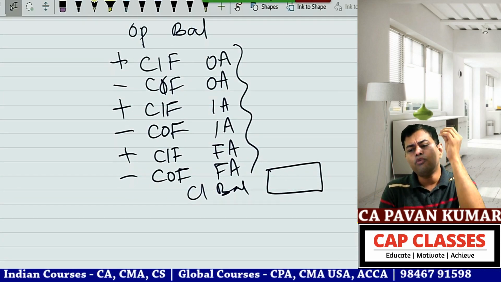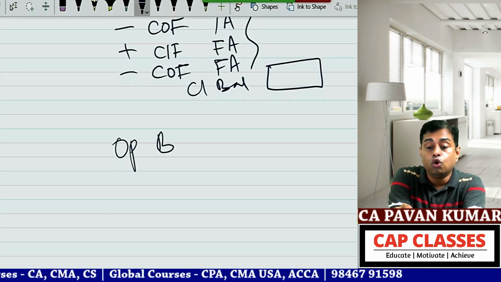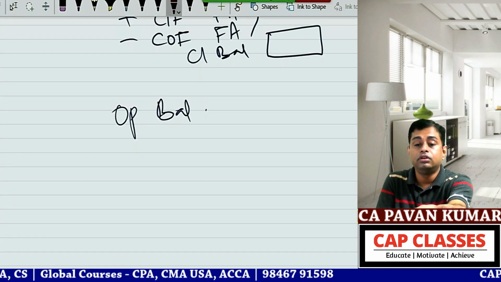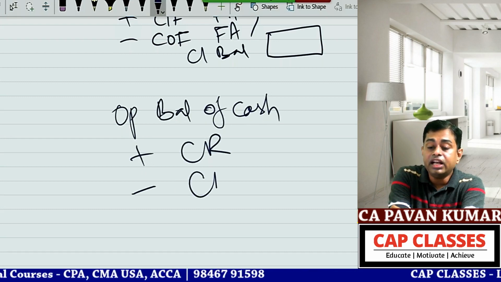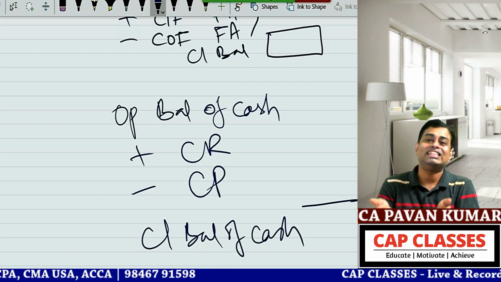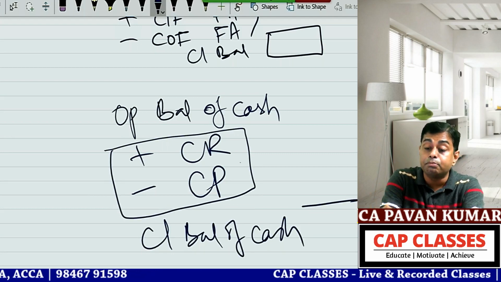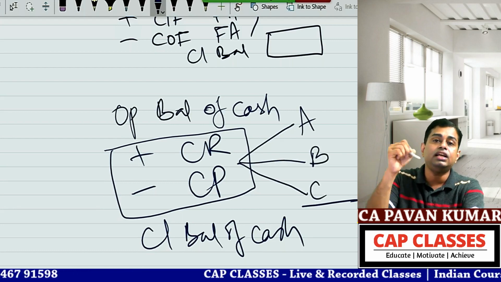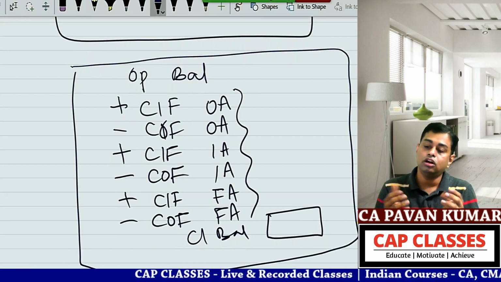You knew this in second standard or LKG UKG also: opening balance of cash, add cash receipts minus cash payments is equal to closing balance of cash. This is also the same, but instead of writing cash receipts minus cash payments, I am putting this in three buckets. Bucket A operating, bucket B investing, bucket C financing. That is this cash flow statement. That's all.